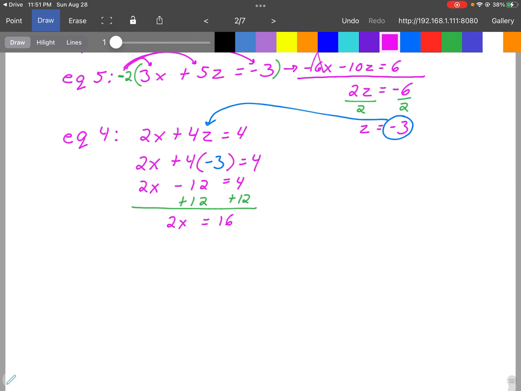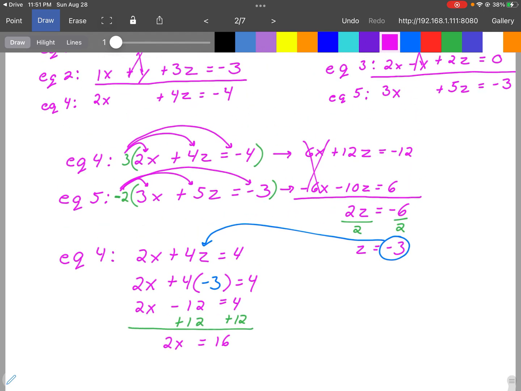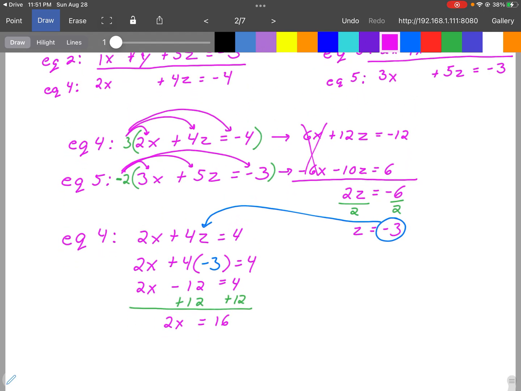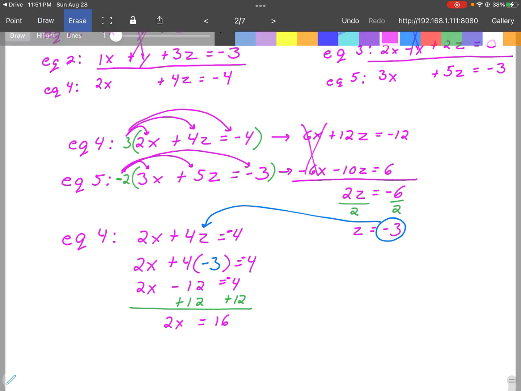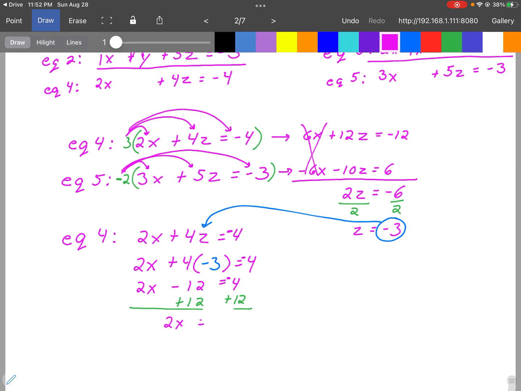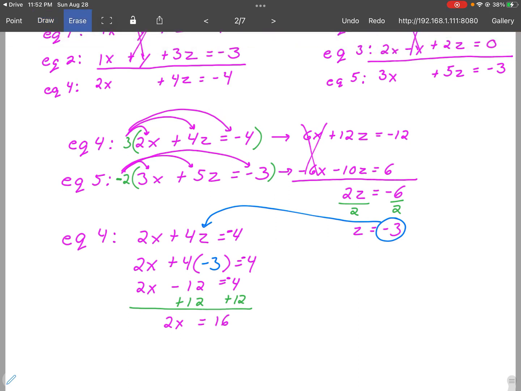Okay, so then, oh wait, I am missing something. That equation 4 is supposed to be a negative 4. That makes a big difference. Okay, so if I put my negative in there, then this is no longer going to be 16. Ooh, that was erasing a little too much.